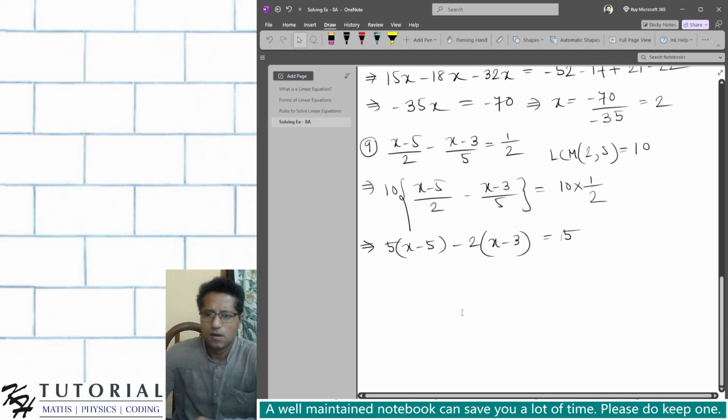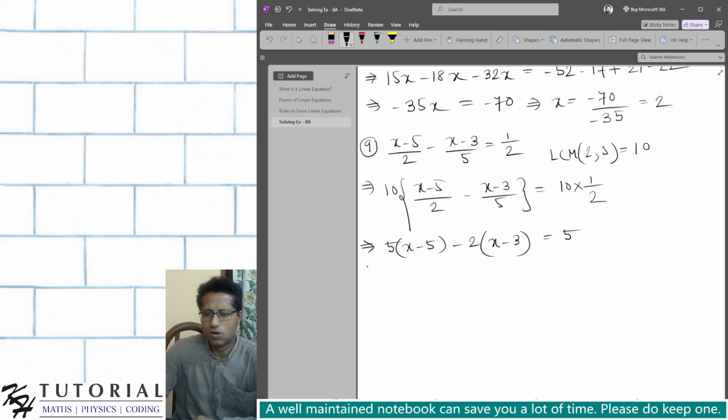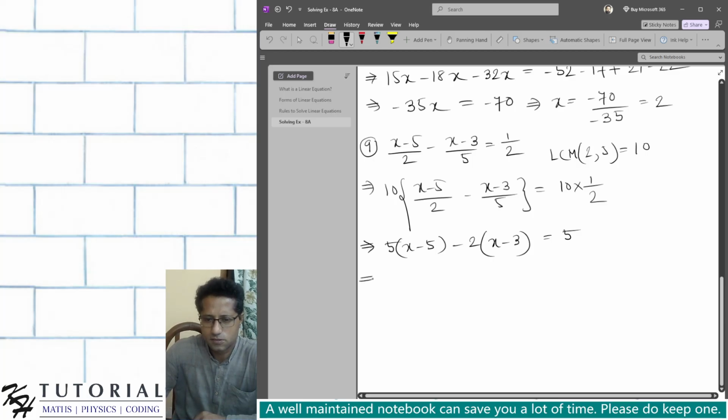So now still this is not in a simple form, as we are having products of some binomial, that is we are having the product 5 into x minus 5 and 2 into x minus 3. But this can be reduced to simple form if you do the product and open the brackets. So this becomes 5x minus 25 minus 2x plus 6 equals to 5. Now this equation is in simple form.